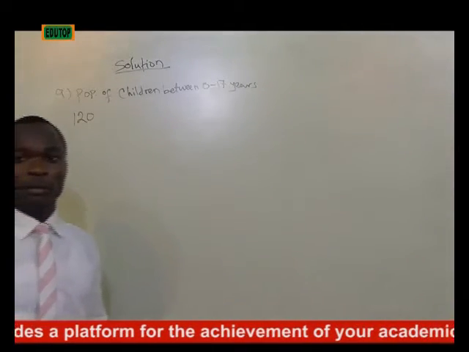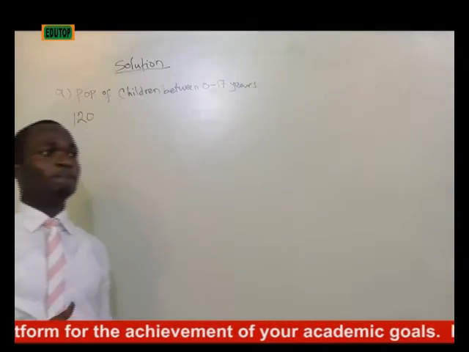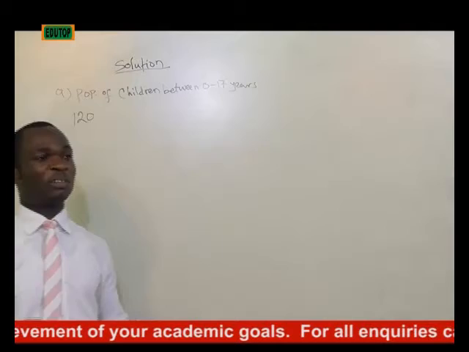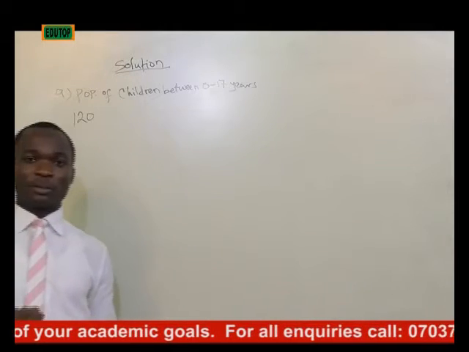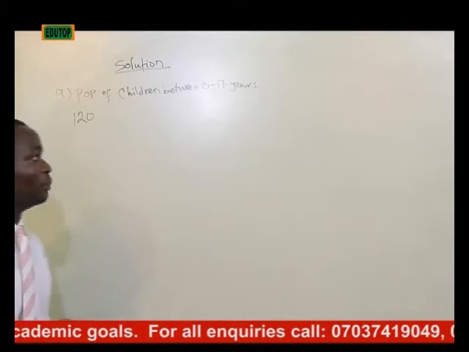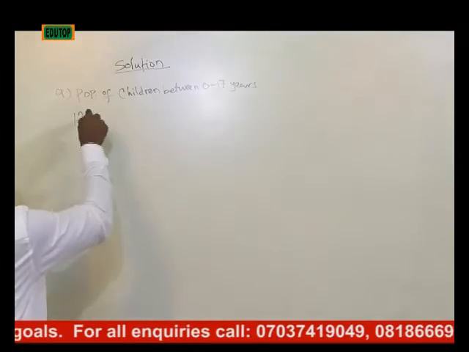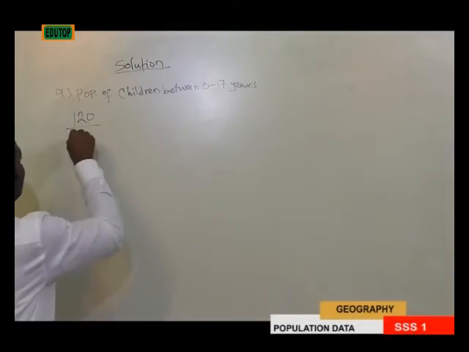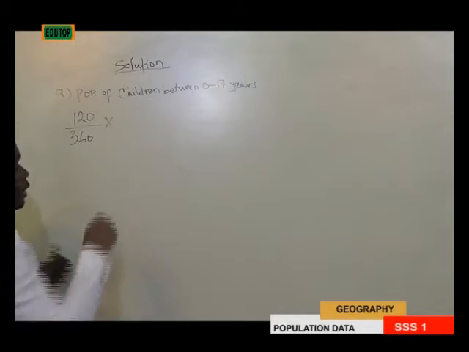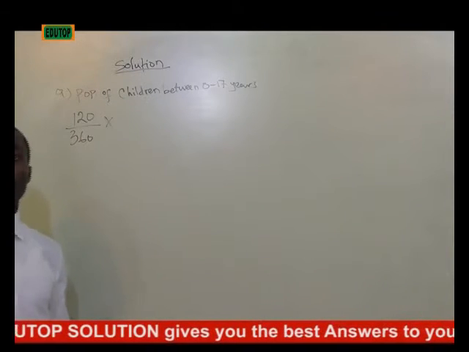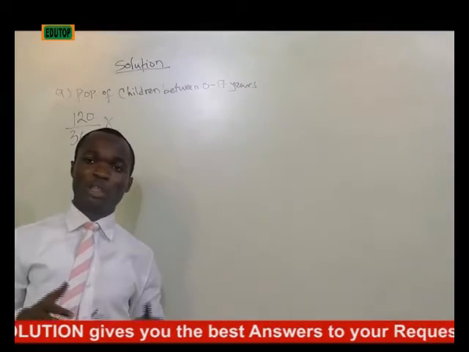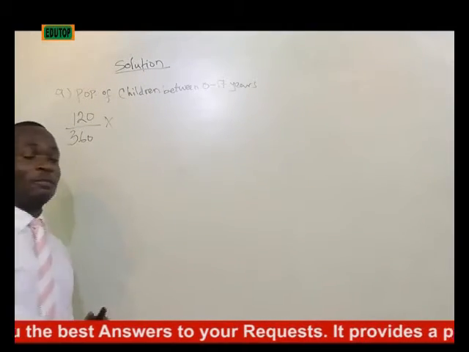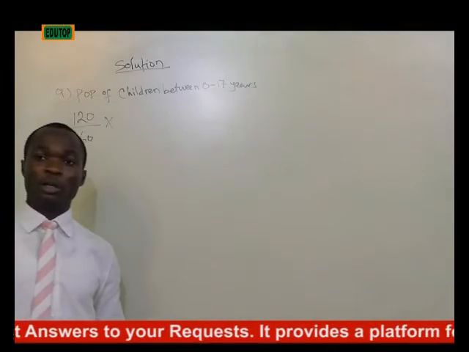And you know, a pie chart has a total of 360, that's to say angle on a point. Therefore, we divide 120 by 360 and then multiply by the total population, which is given as 240 million people.